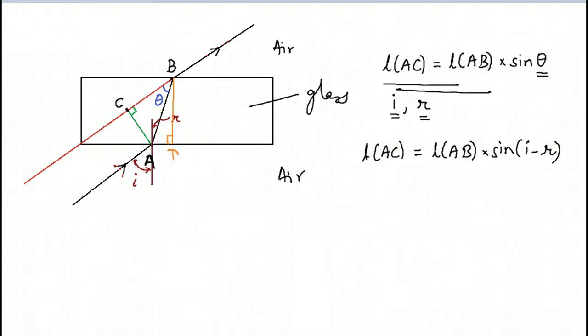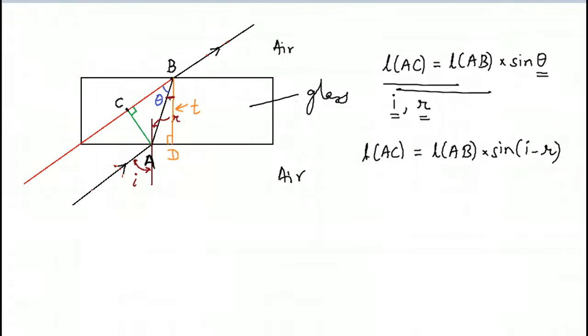I'll call it D. And now we want to relate AB with length BD, which is nothing but the thickness T. So I want you to look very closely at right angled triangle BDA. Length AB is the hypotenuse. We want to express it in terms of length BD, which is T, and to do so we make use of this angle over here.